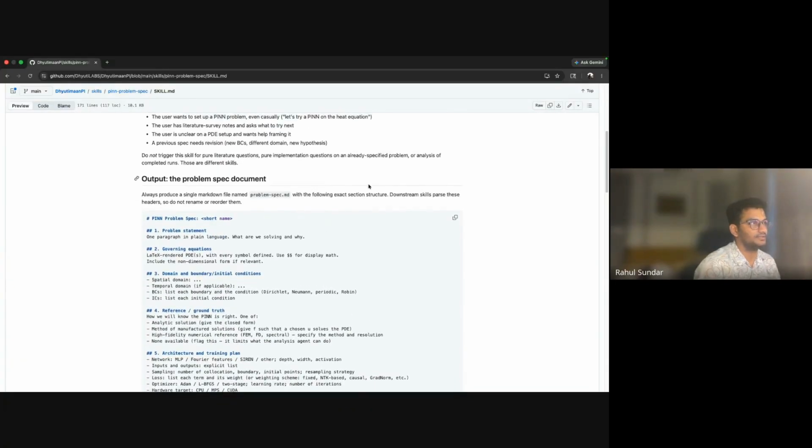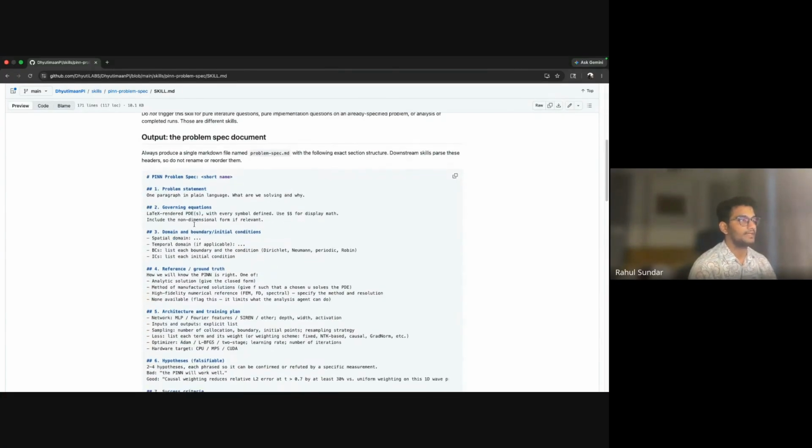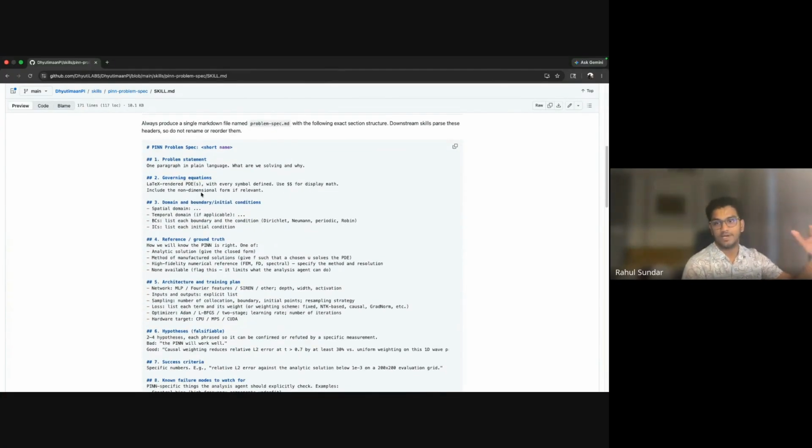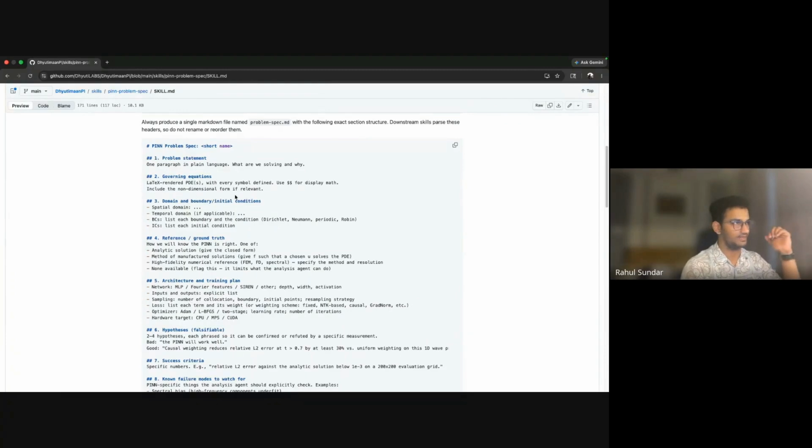So you have a clear literature survey. Maybe the user is unclear about a PDE setup, which is where the knowledge mining part comes in and helps. And this skill helps you frame it better, and you can verify it. Then you look at the problem statement and governing equations. This is typically how we frame a problem. Even if you look at any PINN paper, this is how we would frame a problem. You have a problem statement, governing equation, the domain and boundary and initial conditions, reference and ground truth. Do I have any reference solutions?